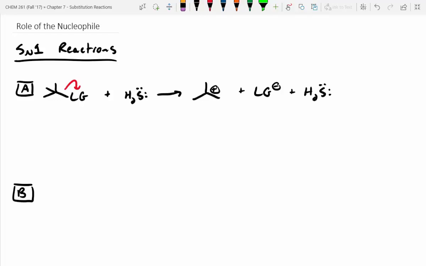All right, in step 2, what do you think might happen? Yeah, sometimes students will ask me, well, the leaving group has a negative charge. Can the leaving group attack back in? It can, but then we're just going backwards, right? That doesn't get us anywhere. The only other nucleophile we have is the sulfur with the lone pairs. So that's actually going to attack in.